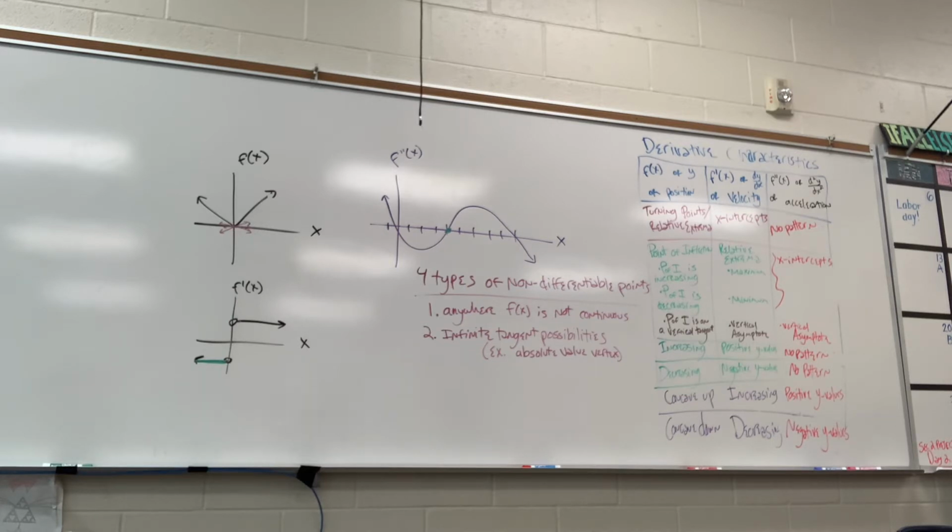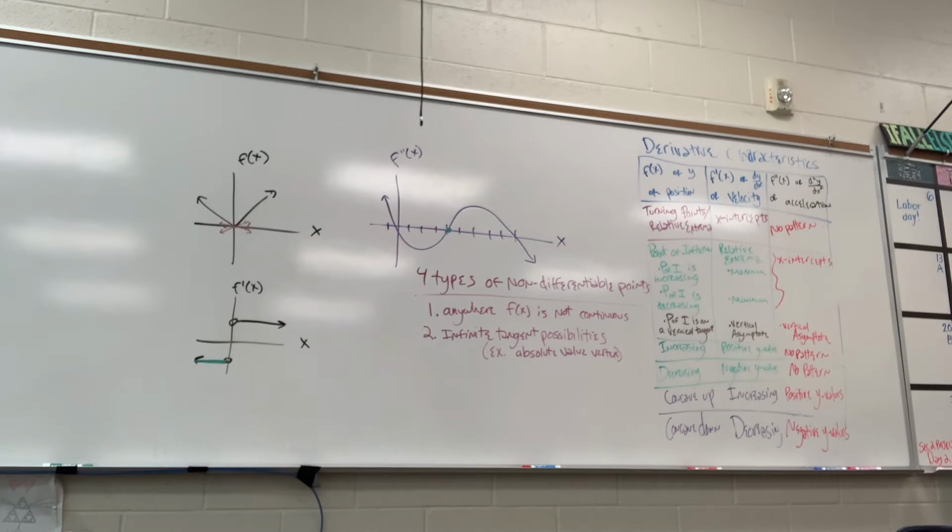Anything not continuous is non-differentiable. However, there are certain types of continuities that still do not have a derivative. And the first one is this infinite tangent possibility. So anytime my graph comes to a sharp apex, there's an infinite number of tangent possibilities, therefore making my derivative undefined. Okay?